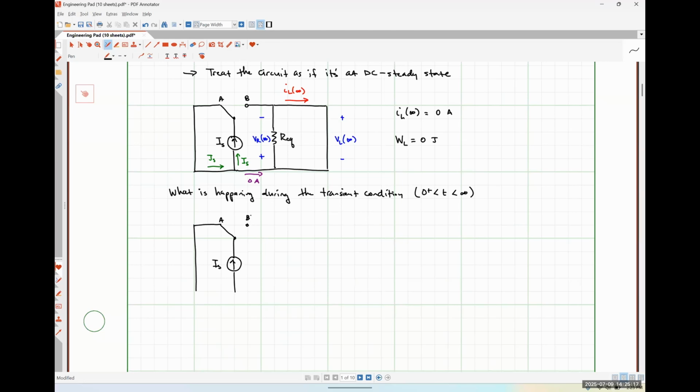Here's my open circuited terminal B for my switch. My resistance REQ. My inductance LEQ.